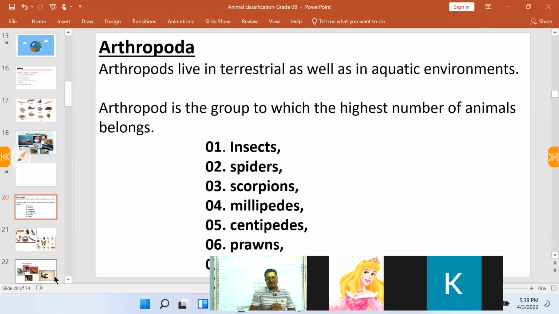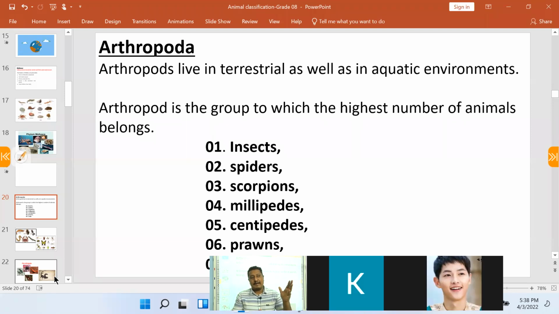Highest number of animals. What is the special thing of these animals? Why are they called arthropods? Arthropoda, poda or arthropods. In Sinhala, Sandhipadakayo. In English, having jointed appendages, jointed legs.